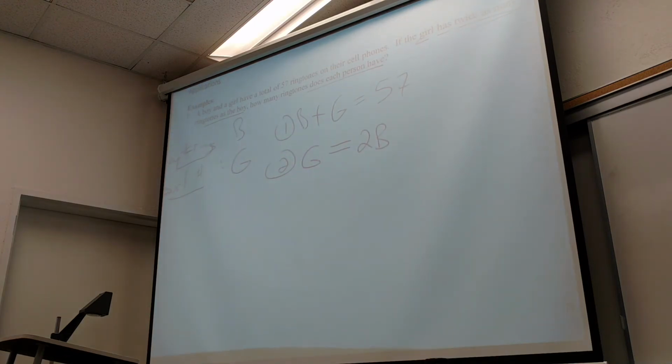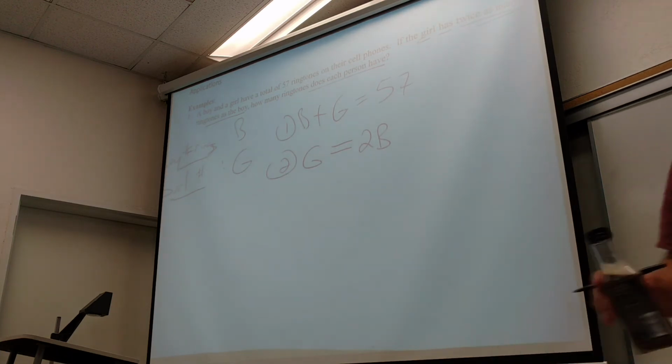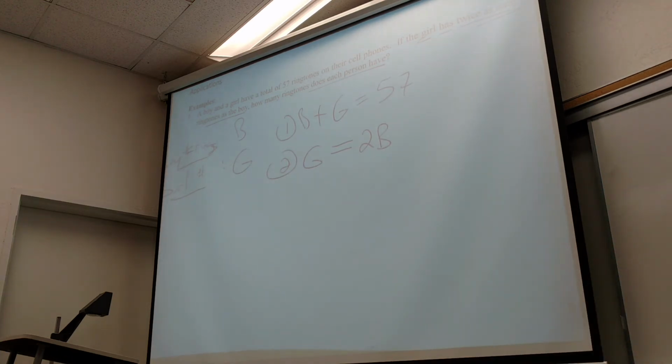Isn't that the direct math-lish translation? The girl has twice as many as the boy. G equals 2B. That's the way to write that in math. Much more concise. So you don't get the 57 at all? Definitely not. The 57 was the first equation.